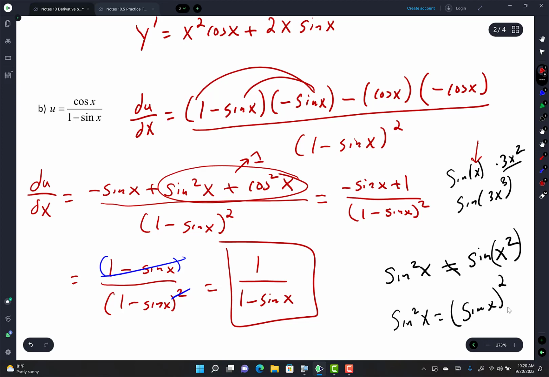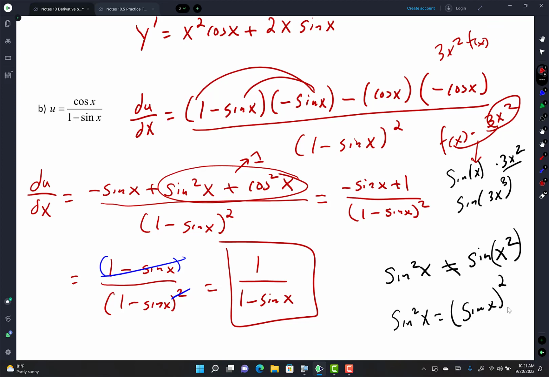This is an argument. You cannot touch it. It's like saying f of x times 3x squared. You can't multiply the 3x squared by the x. You just put the 3x squared in front of the f of x. It's an argument. It's part of the function. Sine is never by itself. It has to have something: sine of x, sine of whatever, sine of theta.